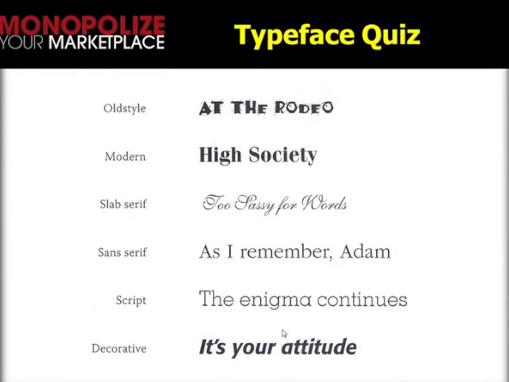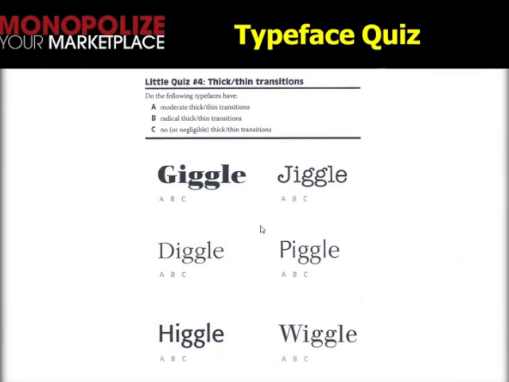It's your attitude is going to be sans serif. So that leaves us with this, the enigma continues is going to be a slab serif. Modern is going to be, as I remember, Adam, and then high society then would be which one? Oh, modern. Yep, there we go. Okay. I almost failed my own quiz.